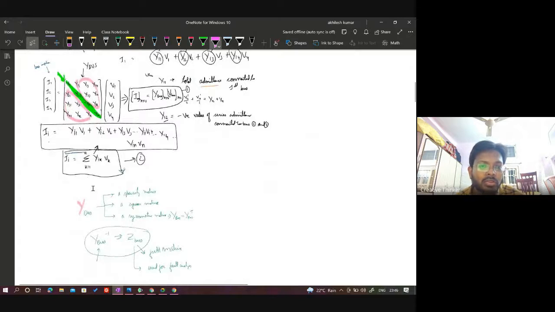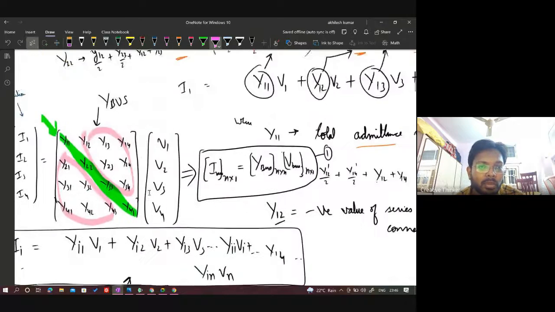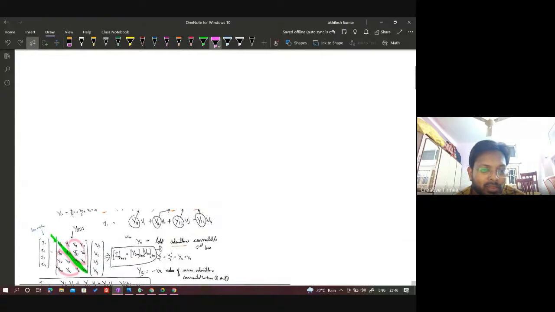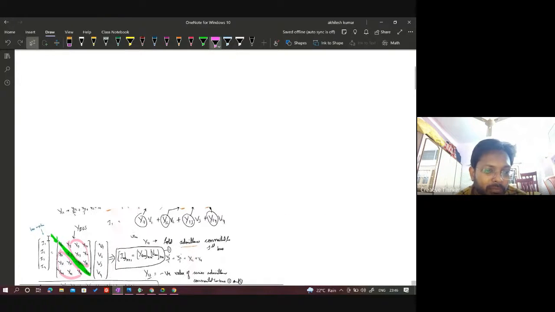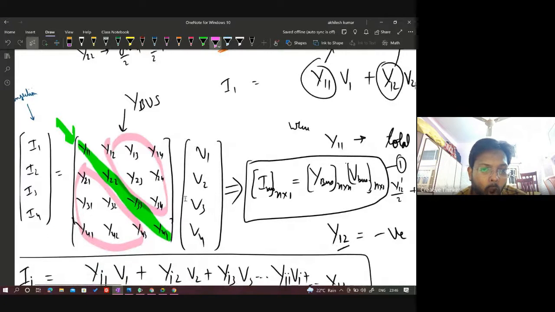Some characteristics of the Y bus we have seen: the Y bus is a sparse matrix. If you analyze the Y bus, what information does it give? There are diagonal elements and off diagonal elements.